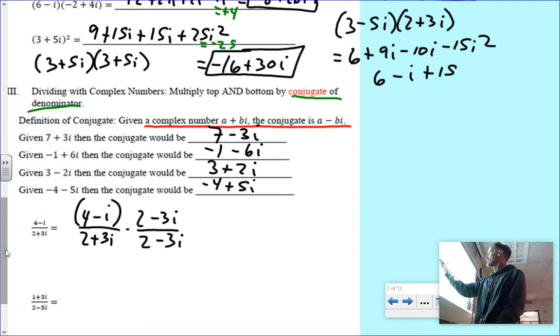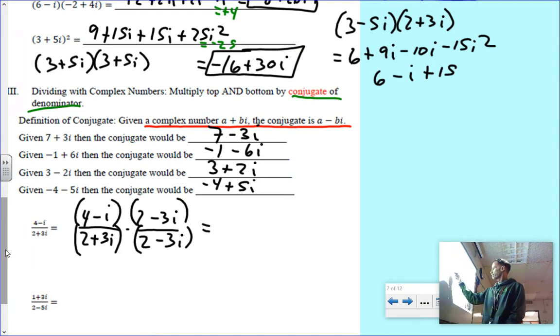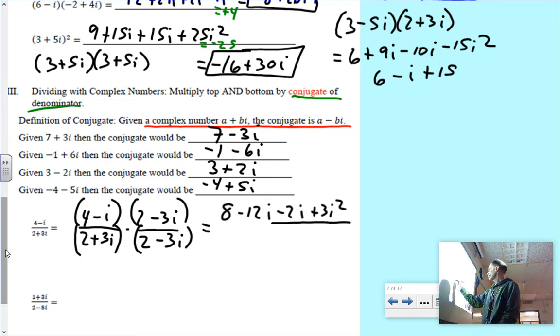And you see, this just turns into two different multiplication problems, right? So let's do the top. We have 8 minus 12i minus 2i plus 3i squared. Do the bottom, 4 minus 6i plus 6i minus 9i squared.